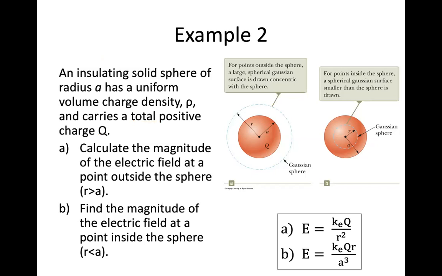All right, so first, we want to find the magnitude. We already know which way the direction goes. The magnitude of the electric field at a point outside the sphere, right? So our sphere has a radius of a. We want to be at r greater than a, outside of the sphere. So that's this over here. That's the easy one, and in fact, we already know the answer.